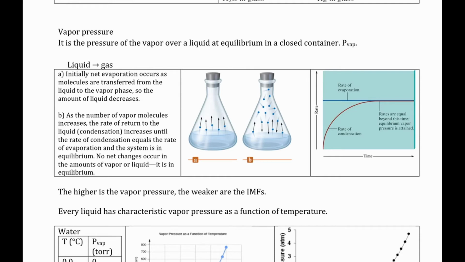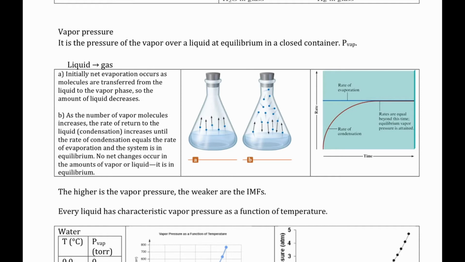In B, as the number of vapor molecules increases, the rate of return to the liquid, that's condensation, increases until the rate of condensation equals the rate of evaporation. So notice that we have arrows pointing up and down. And when they're equal, the system's in equilibrium. No net change occurs in the amount of vapor or liquid.